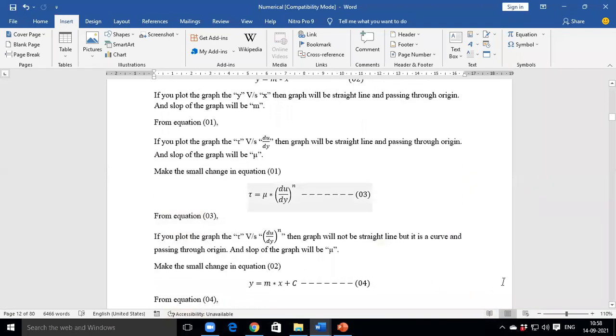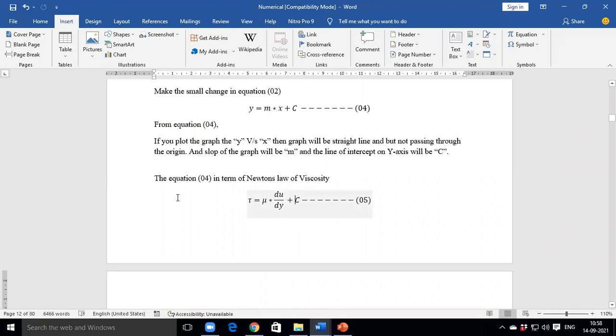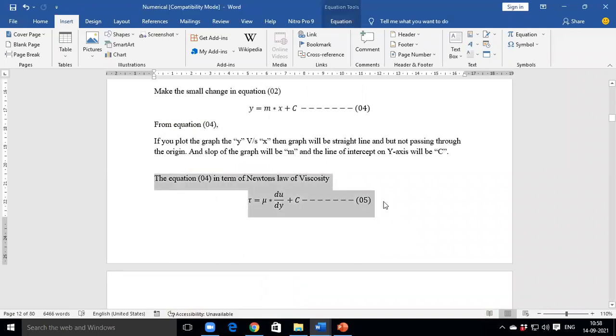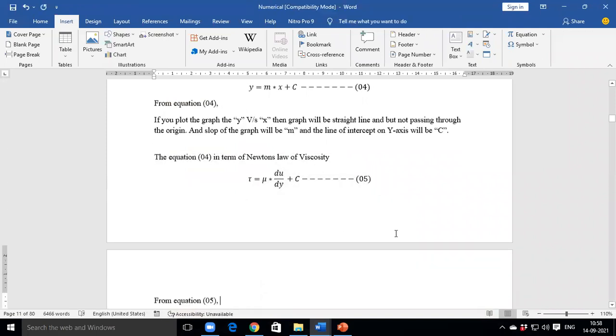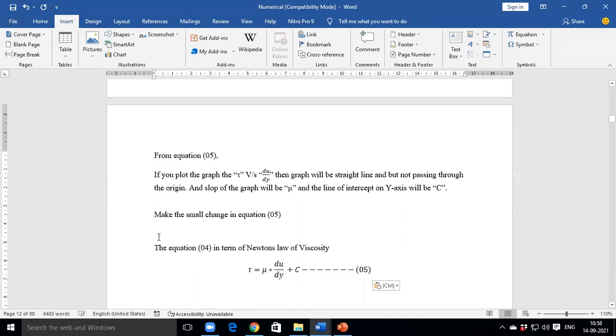You can see here, we can consider the same equation, this one. Make a small change in equation number 5.